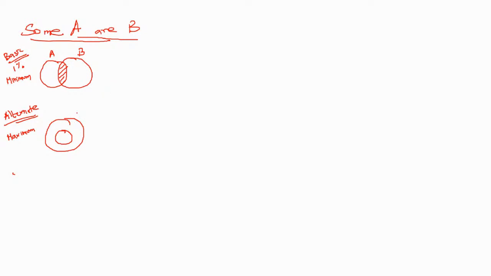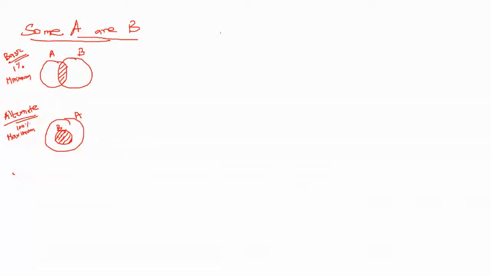In this case, A will be outside and B will be inside. Now I can say "some A are B". That means this region is what it is talking about. So this is like 100%, 100% B is A. Whenever it is a basic diagram, it gives a minimalistic view, and if it's an alternate diagram, it goes for 100%, a maximum view, an optimistic view as we say.